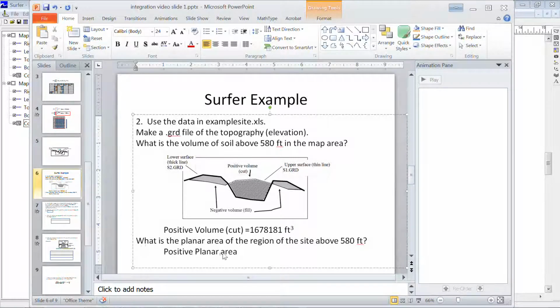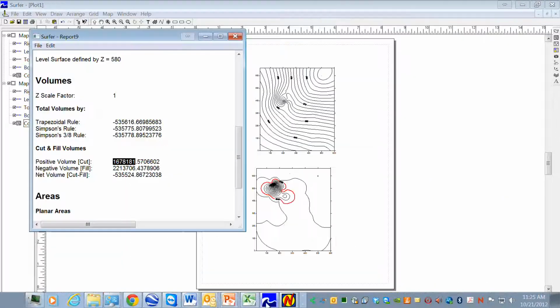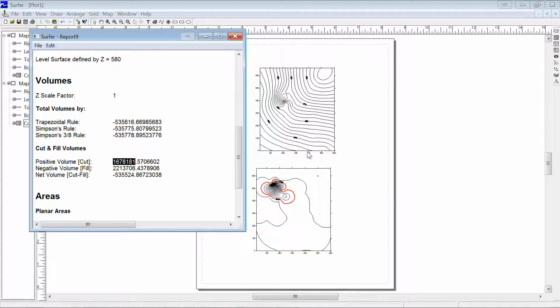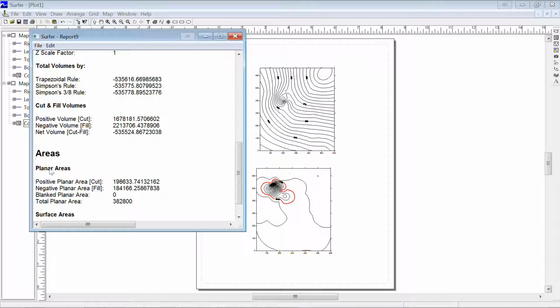Okay, so we want also to determine the area, and the positive planar area in this case is, there's 580, so it's this area, and that's given here, the planar area, the area of the cut, and this has units of whatever our x and y coordinate is.